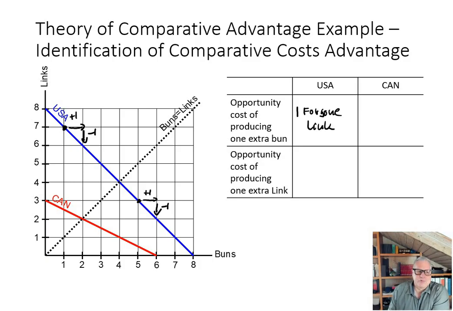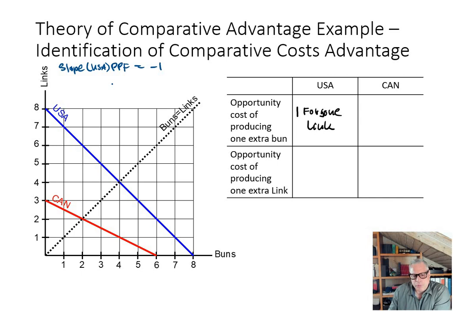Okay, and of course, maybe you have already sensed or felt that if you take a look at this slope, what is the slope of this PPF? So the slope of the PPF is, for the USA, slope USA PPF is equal to -1.